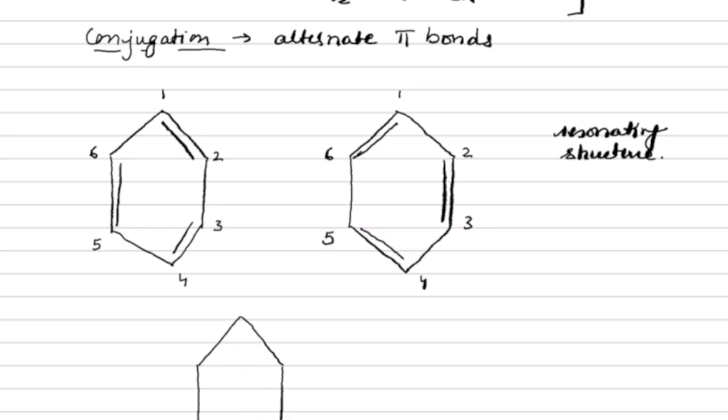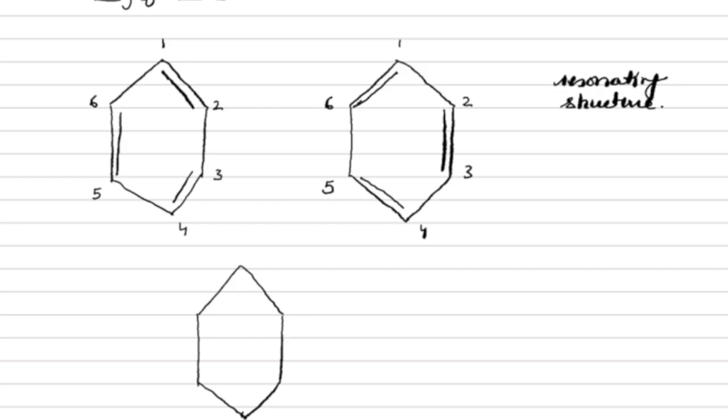So for that we will show a circle kind of, a dotted line, as some textbooks do. That is what they call, not a structure this time, but the resonance hybrid. And this is the better way to show benzene.